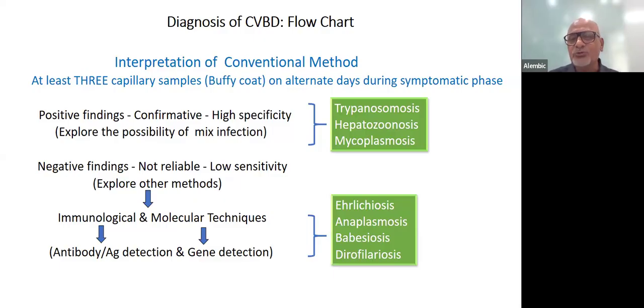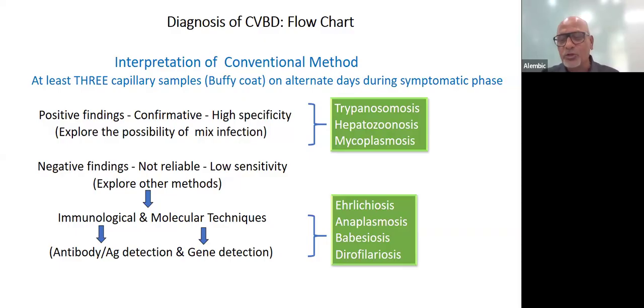So these three organisms you can rule out if it is negative. If it is positive, obviously you will get it and you will treat it accordingly. So if 3 buffy coat samples are negative, then trypanosoma, hepatozoonosis, and mycoplasmosis, for all practical purposes or field conditions, you can rule out. But still, there are organisms like ehrlichiosis, anaplasmosis, babesiosis, and dirofilariosis. So in such cases, you need certain other techniques, like an immunological technique or a molecular technique.